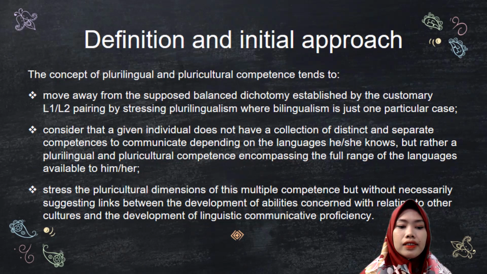And then stress the pluricultural dimension of this multiple competence, but without necessarily suggesting links between the development of abilities concerned with relating to other cultures and the development of linguistic communicative proficiency.